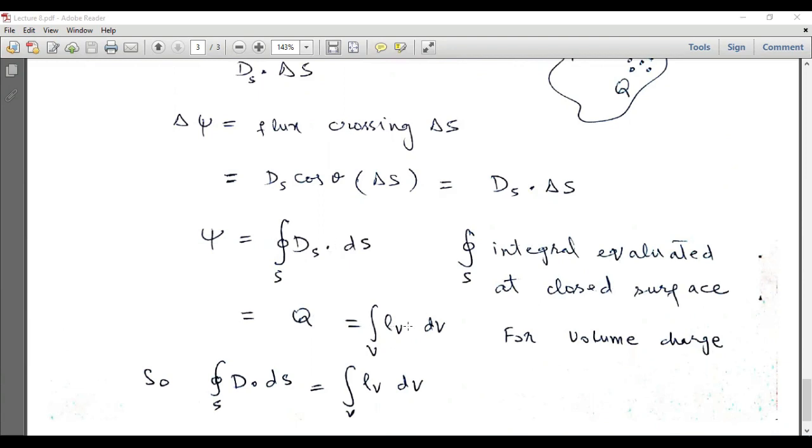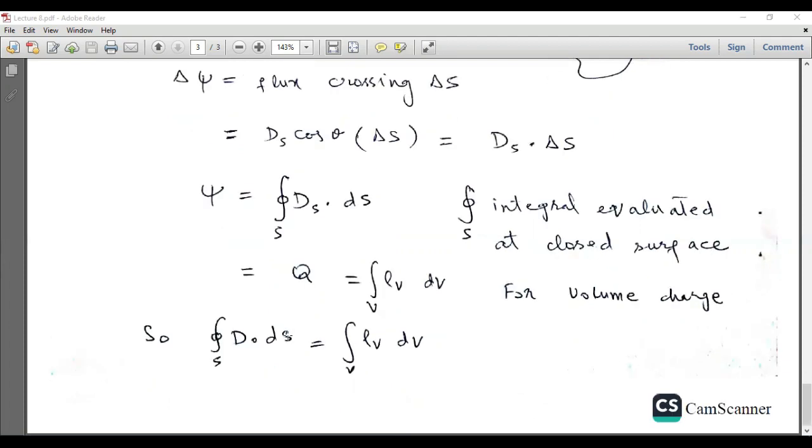This is also flux if we have a volume charge distribution as in this case. So by comparing these two equations, we can say that the closed surface integral of D dot dS is equal to the volume integral of rho v dv, and this is called divergence theorem, which I will also explain to you in detail in the coming lectures.